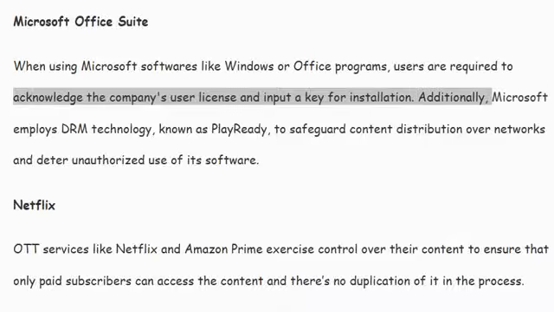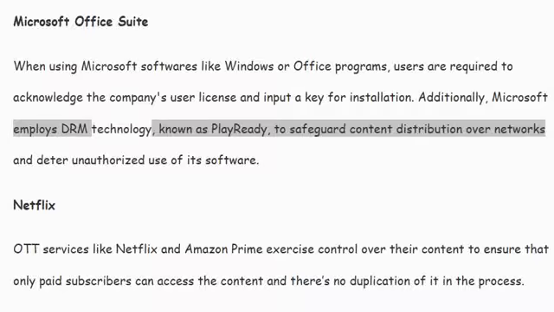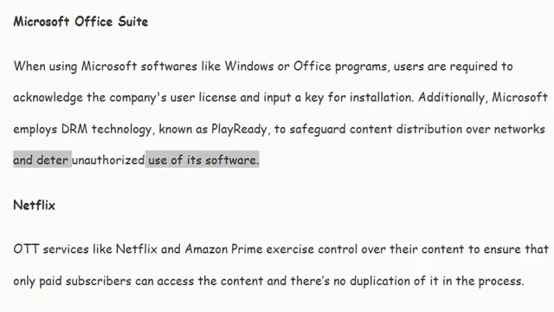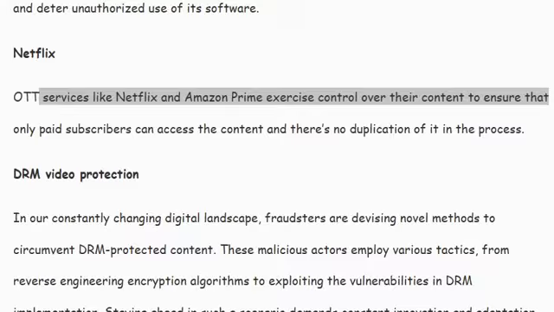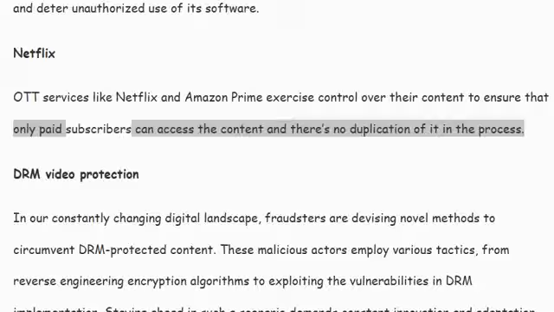Additionally, Microsoft employs DRM technology, known as PlayReady, to safeguard content distribution over networks and deter unauthorized use of its software. Netflix. OTT services like Netflix and Amazon Prime exercise control over their content to ensure that only paid subscribers can access the content and there's no duplication of it in the process.